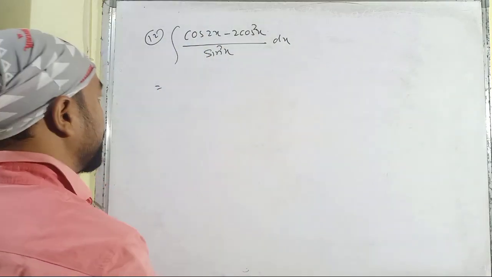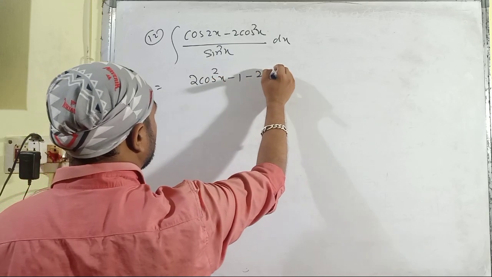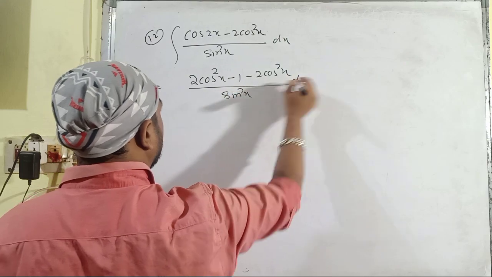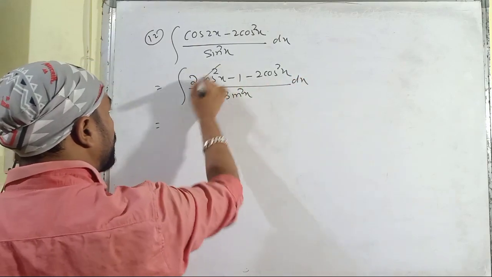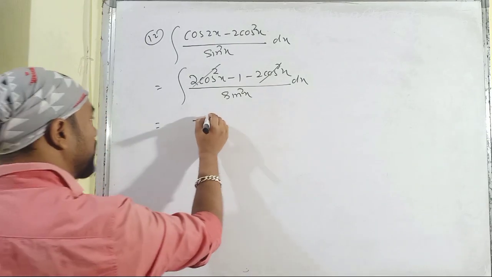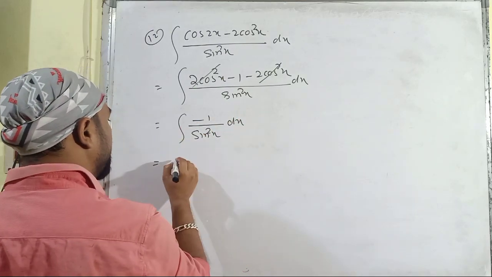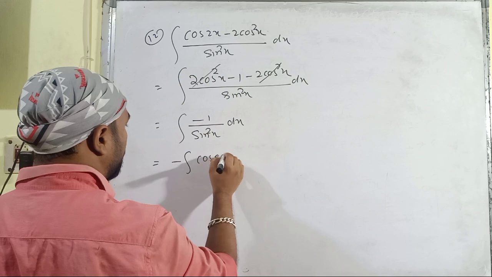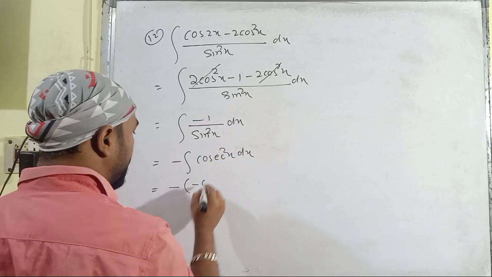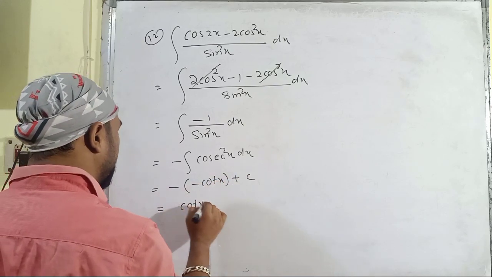The value of cos 2x is 2 cos square x minus 1, minus 2 cos square x, all divided by sin square x. 2 cos square x minus 2 cos square x got cancelled with each other. Then the remaining term is minus 1 divided by sin square x. Then it will be minus the integral of cosec square x with respect to x, which is minus the integral of cosec square x, that is minus cot x plus c. Then the answer will be cot x plus c.